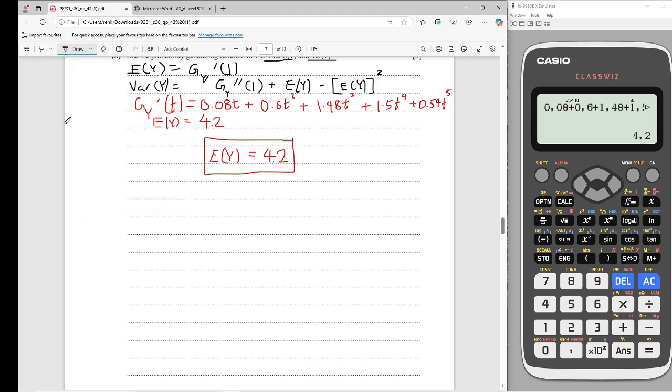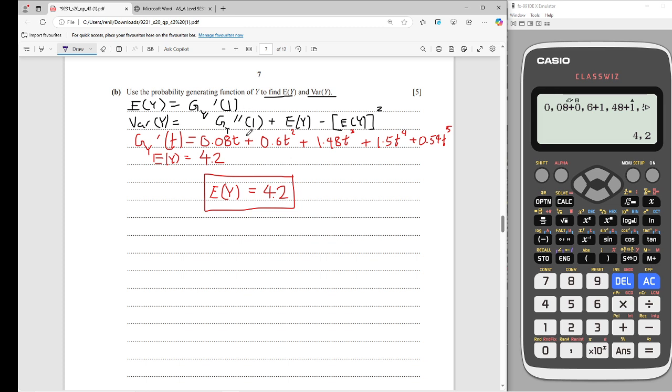To find the variance, we need the double differentiate of G_Y. So to find the double differentiation of this, we're just going to repeat the process.